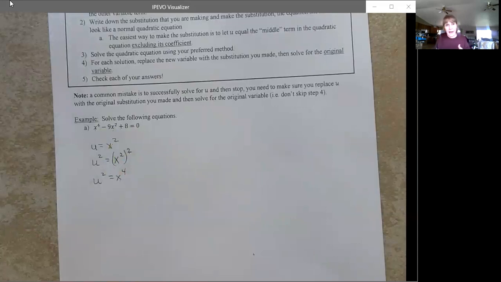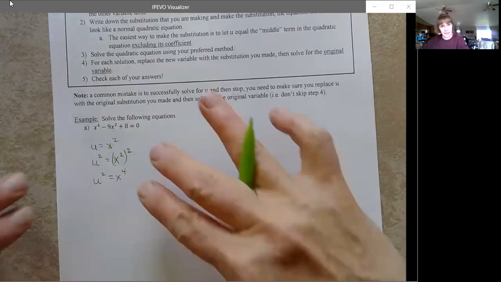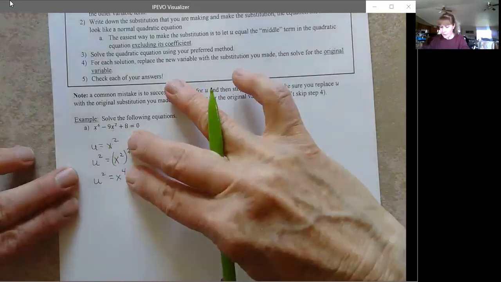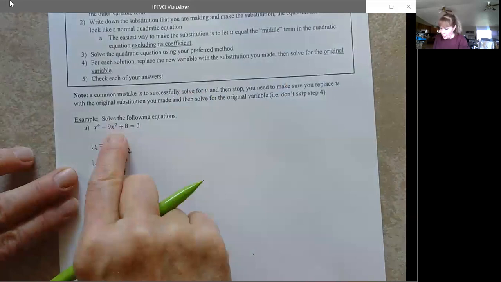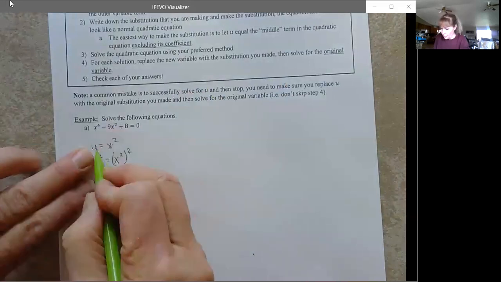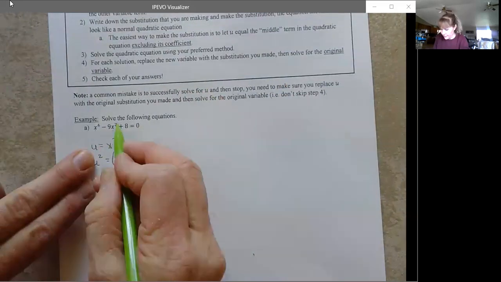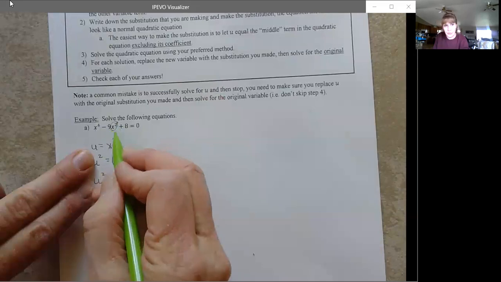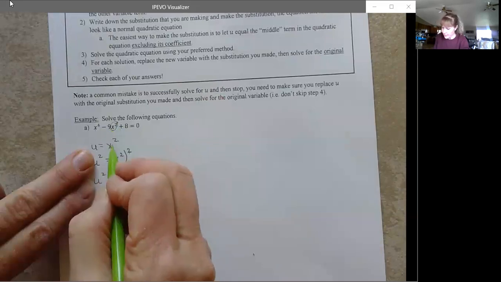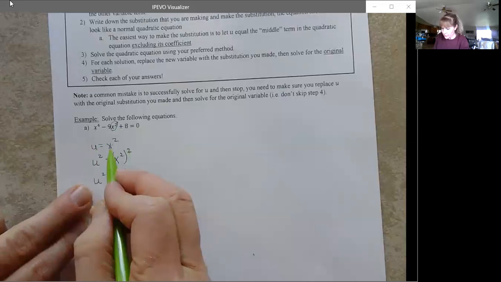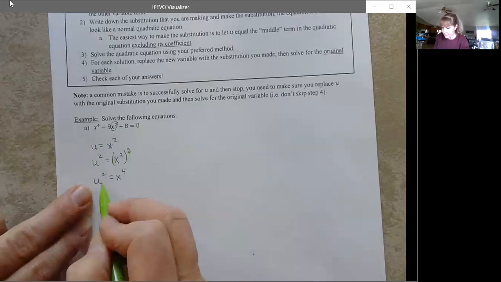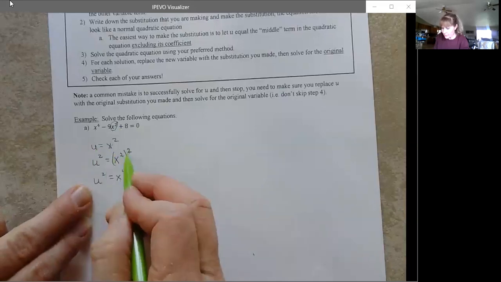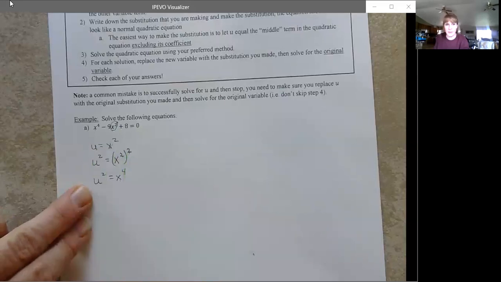So we now have, we're going to use substitution. We're going to substitute these values in up in here. So you start out with the U and look at your middle term there. That's where you're going to get your U. U is x squared. And then you always square both sides. And again, when you square, you multiply a power to a power, you get x to the 4th.